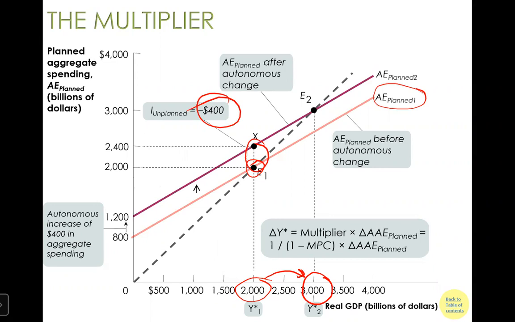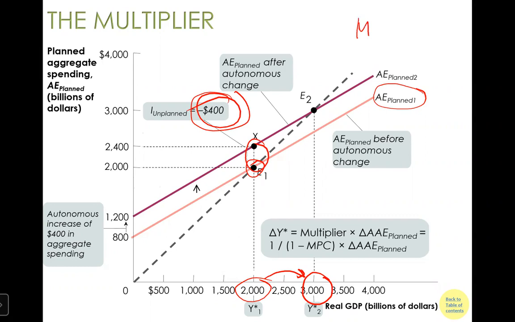This is exactly because in the macroeconomy, households and businesses are interconnected. If I increase my consumption by 400, this is going to be somebody else's income. Someone who received this 400 is going to increase their consumption by how much?